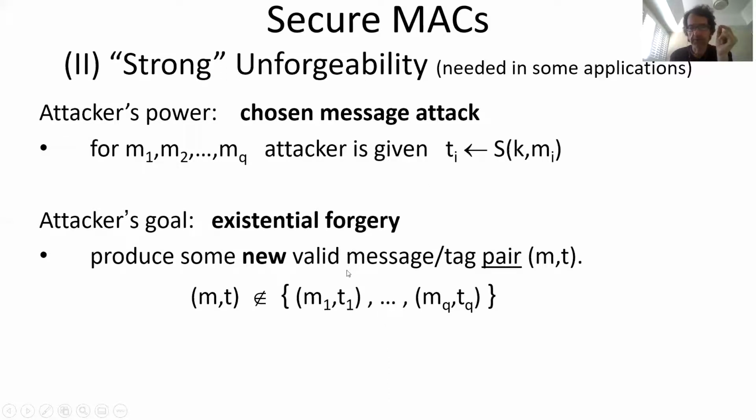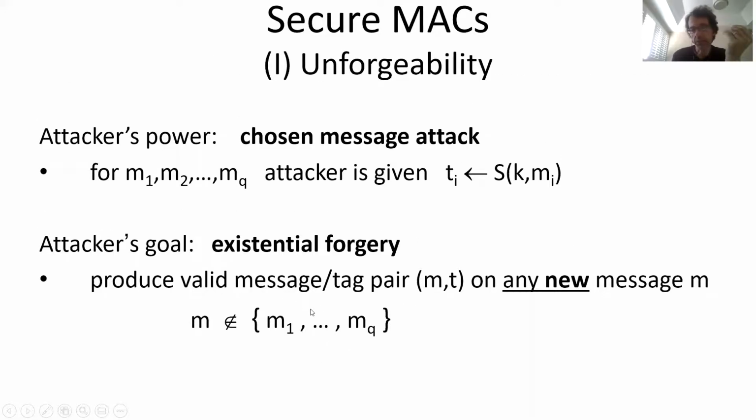How do they differ? Well, in this attack, even if M is equal to one of these but a tag is not, if there is some other valid tag for the same message and an adversary finds it, then this is considered an attack on the strong notion, and it wouldn't be considered an attack on this notion.